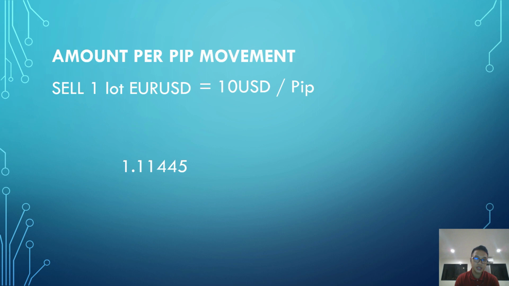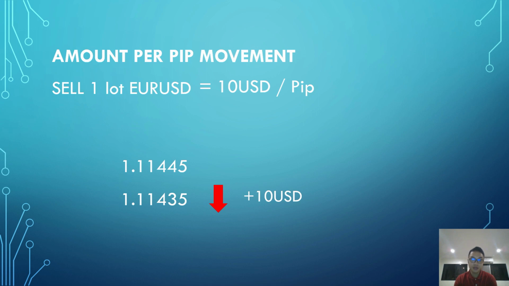So let's say you have another position and it's a sell, you sell one lot, meaning you want the price to go down because you think the euro economy would go down and the US economy will go up, then you sell euro and you buy USD. So if the price goes down from 1.11445 to 1.11435, so it went down 1 pip, that's positive 10 USD to your account.